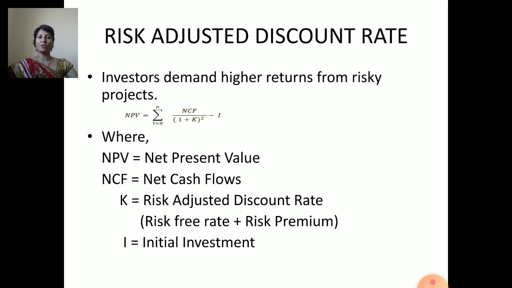The risk adjusted discount rate is based on the presumption that the investors expect or demand a higher rate of return on risky projects as compared to less risky projects.